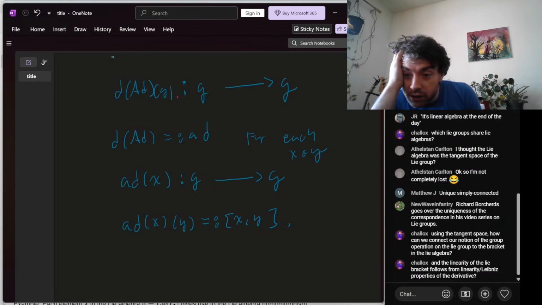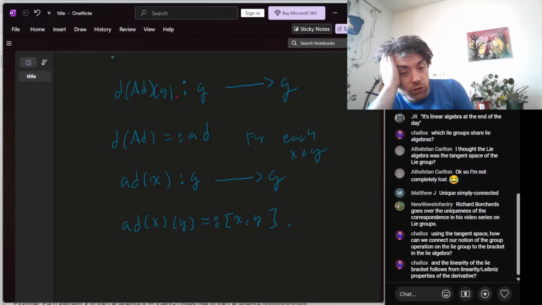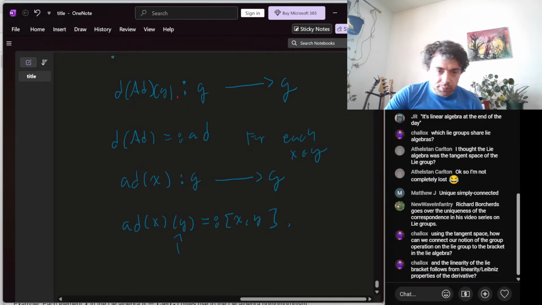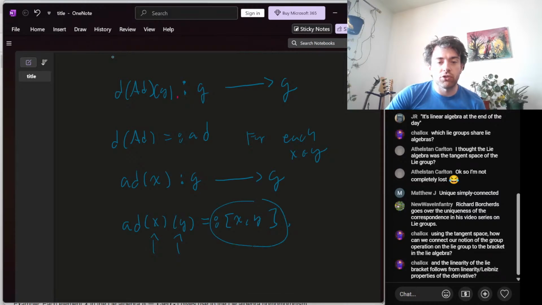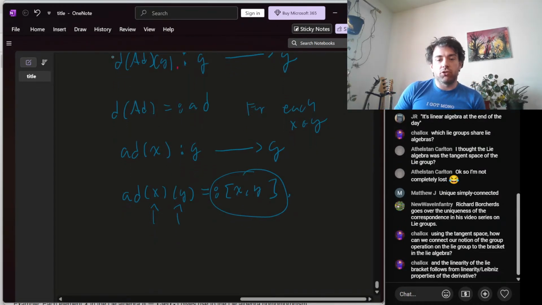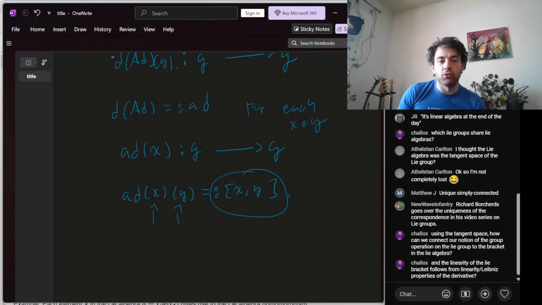And the linearity of the Lie bracket follows from the linearity and Leibniz properties of the derivative. ad x is linear in y, and it turns out it's also linear in x, so this is bilinear. And then all the properties that you get can be proven from these definitions.